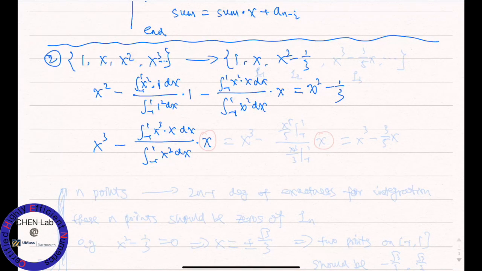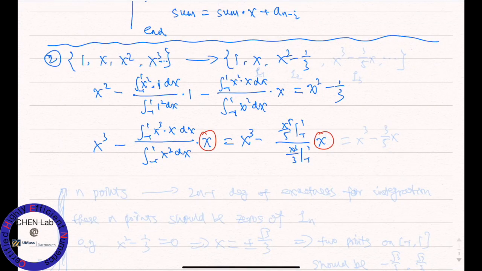So this is equal to x cubed minus, we have x to the fourth, which is what? X to the fifth over 5 from -1 to 1, divided by x squared, which is x cubed over 3 from -1 to 1, right? So that amount of x, again, don't forget about that object.